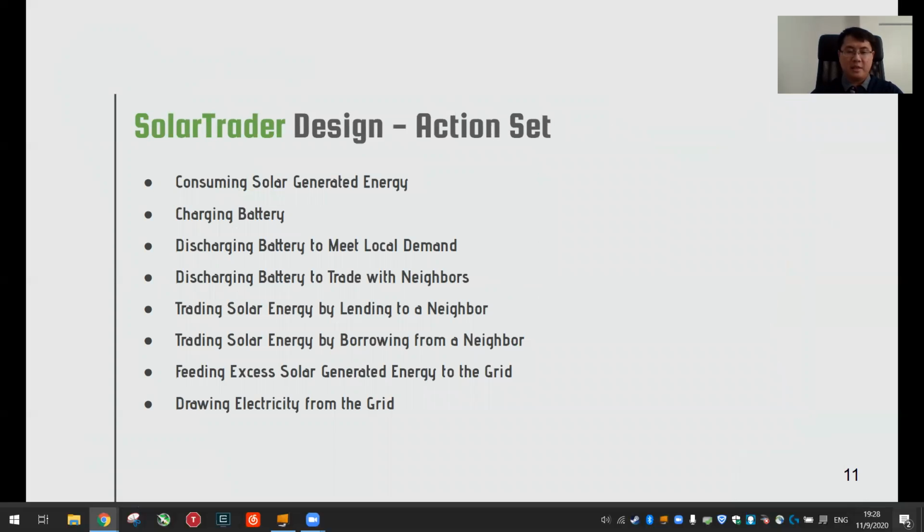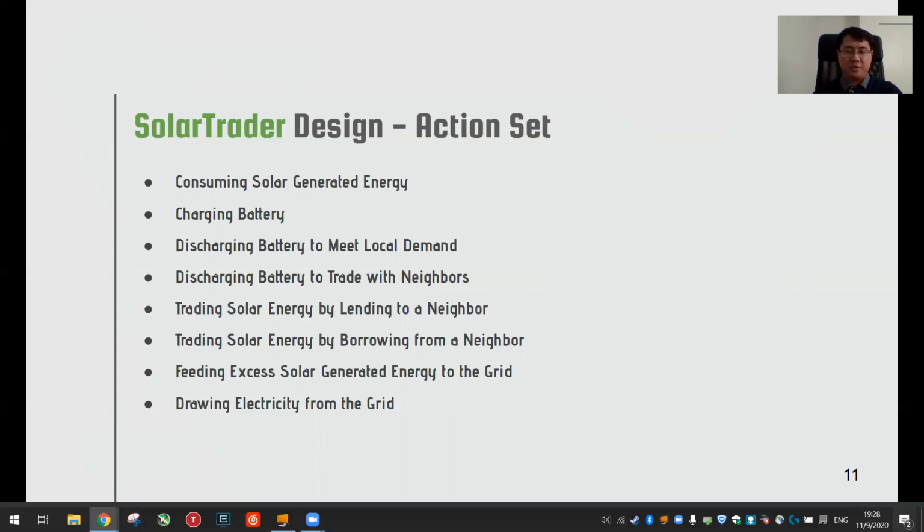Next, we design the action set for each agent. The agent can perform only one of these actions at a time. As you can see here, the agent can consume solar generated energy. They can charge the battery. They can also discharge the battery for either meeting their local demand or trading with their neighbors.